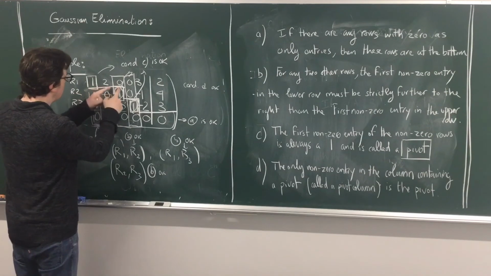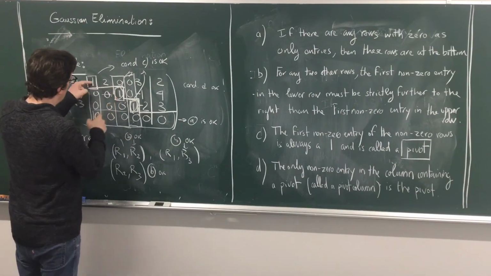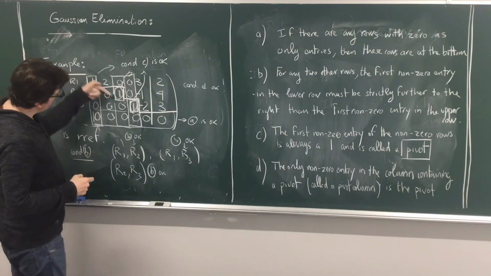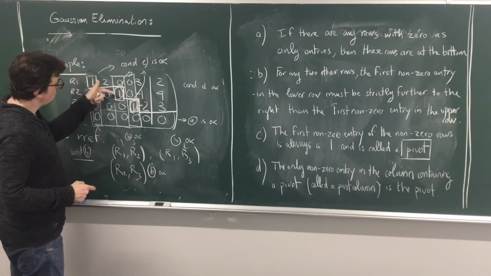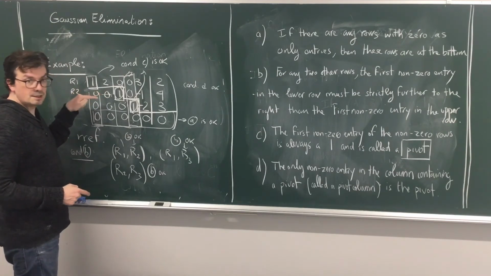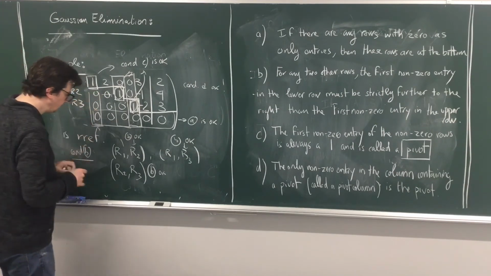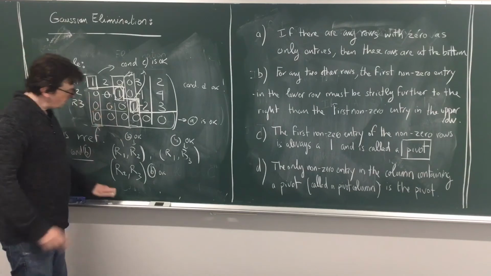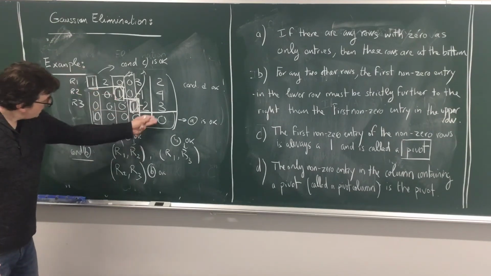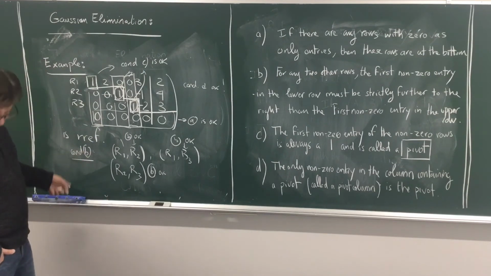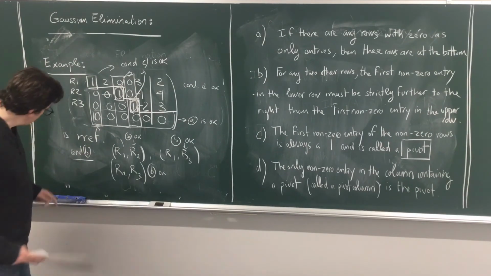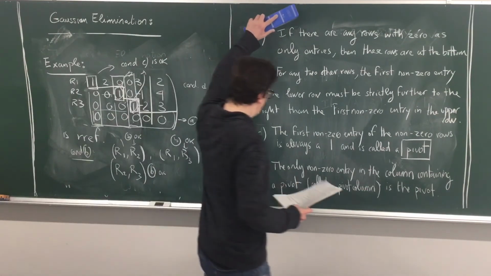The pivot doesn't need to be next to the other pivot, but they are always on a diagonal, further to the right, though not necessarily next to the first pivot. When you have this kind of matrix, full of zeros below the pivots, then this will be called a RREF. Let me give further definitions.